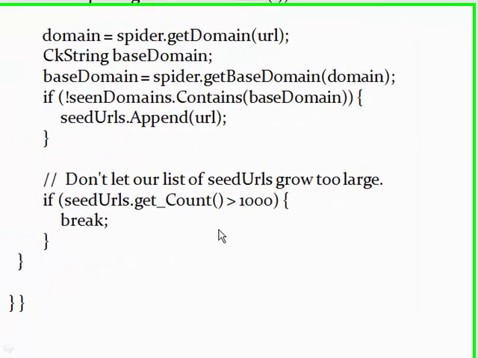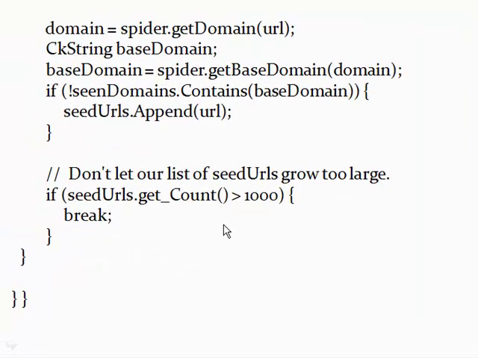There is a final if condition: seedUrls.Count. If it is greater than 1000, break the loop. This is the C++ example part 2.